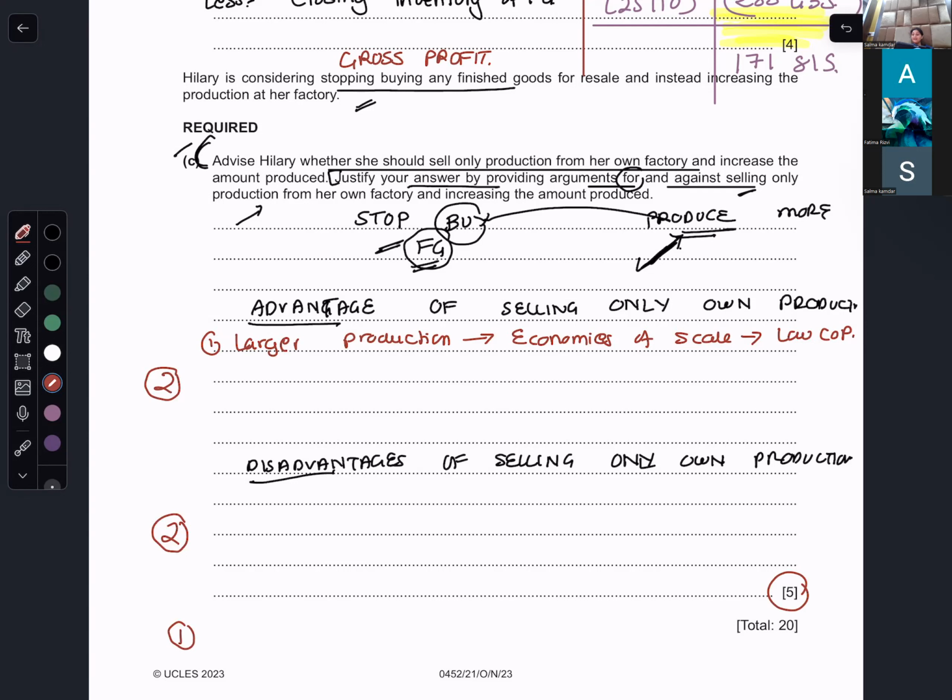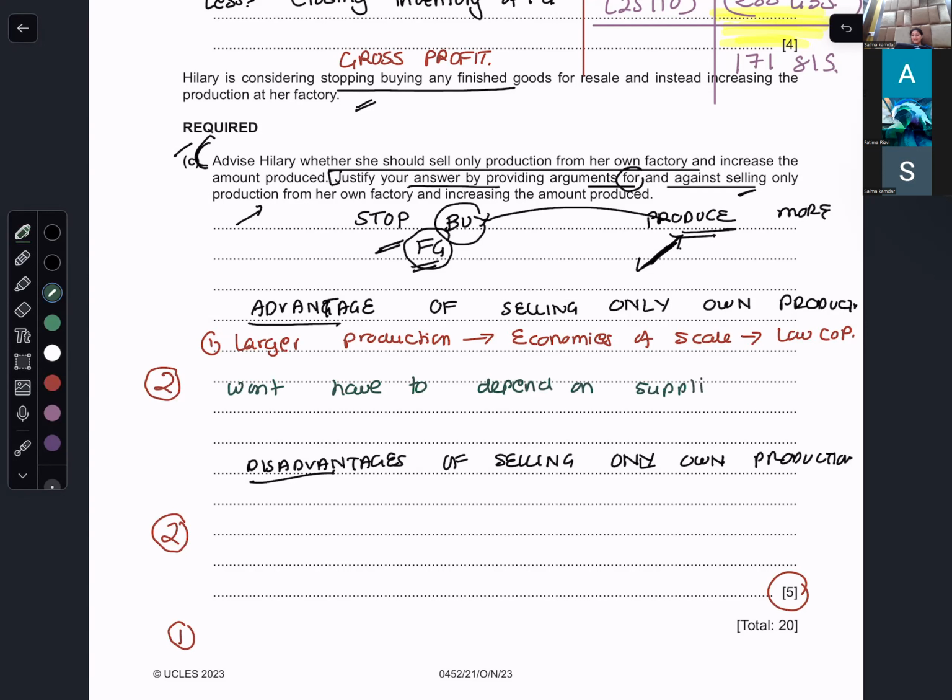What is another advantage of selling only own production? Maybe she'll have more control over how she produces her goods, so she can assure quality. She won't have to depend on suppliers.